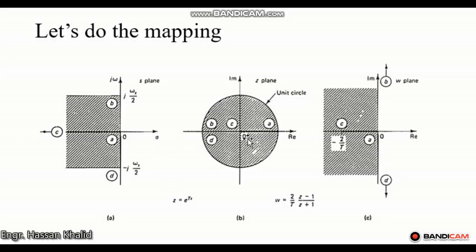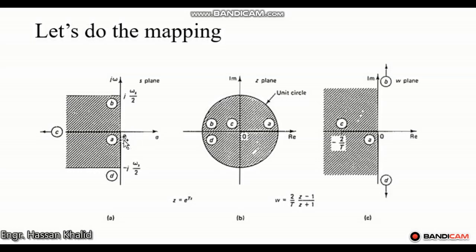Now let's observe the origin of the unit circle at the point C, which is marked at the point -2 by T at point C in the omega plane, and it's been marked at the infinity of the S plane.